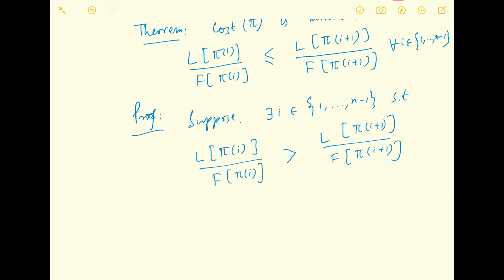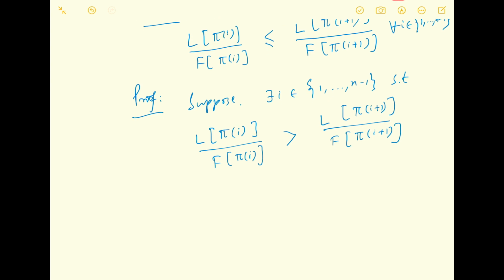We will find another permutation pi prime which gives less cost than pi, which will contradict our assumption that pi is a permutation which minimizes the cost.